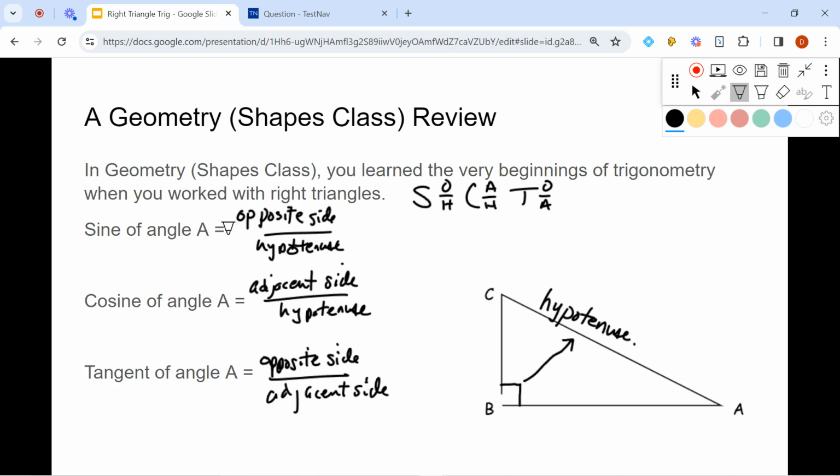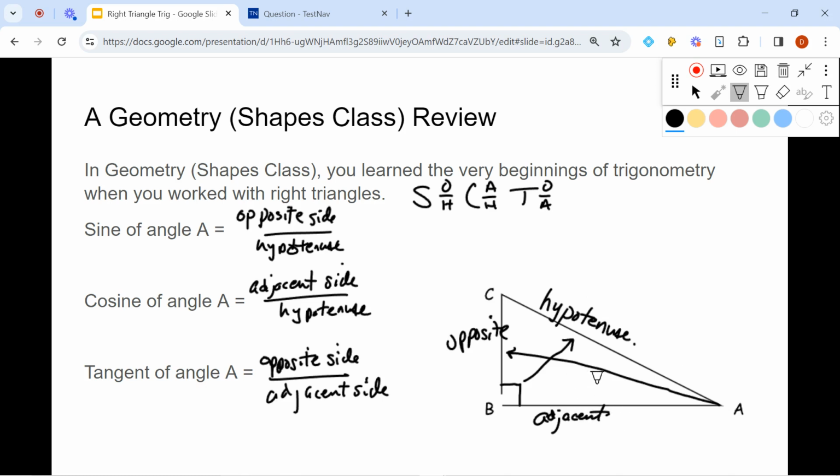Now, since we're working from angle A, the side opposite angle A is the one across from it, which is over here. That's side CB. And the adjacent side is the side that's attached to angle A, but it's not the hypotenuse. That's side BA.